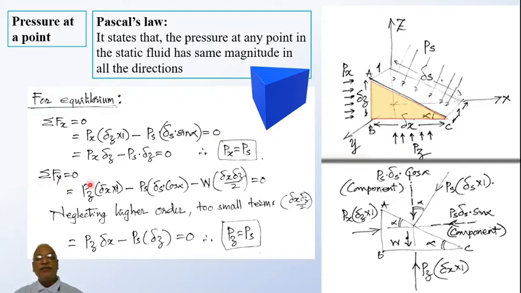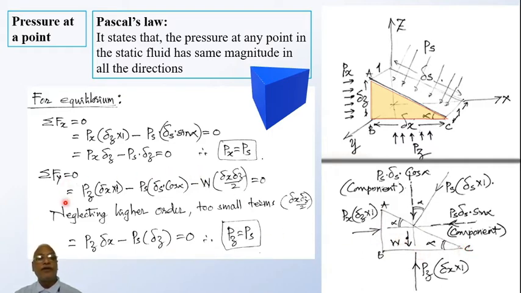Similarly, sigma Fy equal to 0. If you look at this free body diagram, the upward force pz into delta x is plus, and then you have a minus ps into delta s cos alpha. In addition to that, you have the weight of this particular piece of fluid. Weight will be nothing but volume multiplied by unit weight.